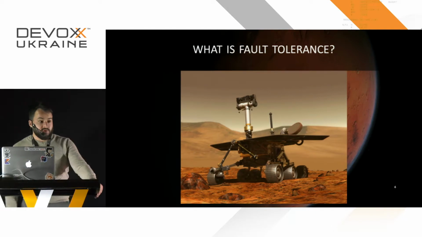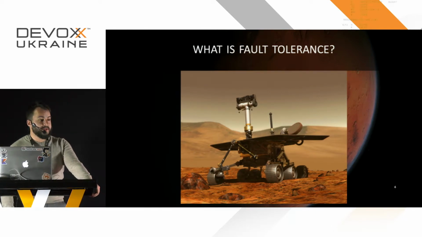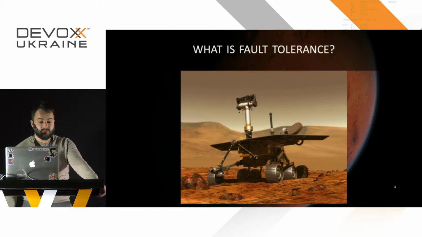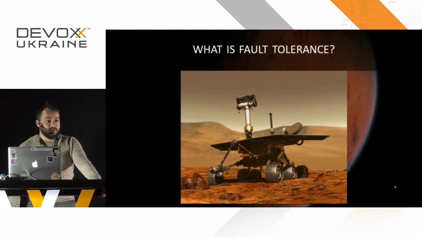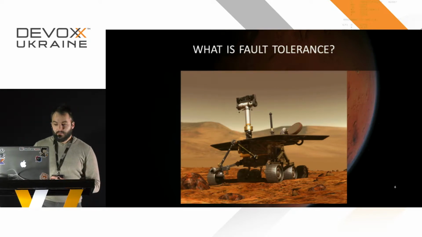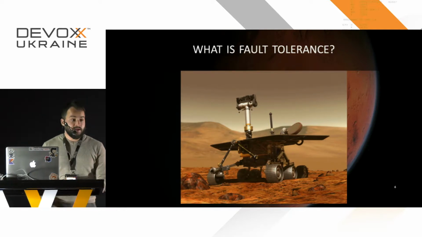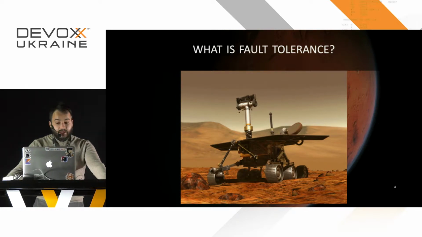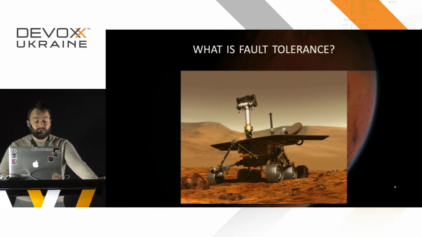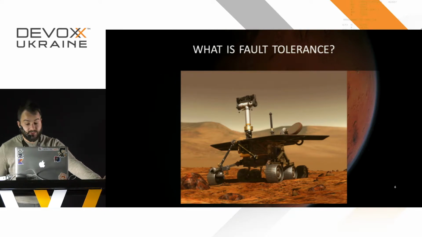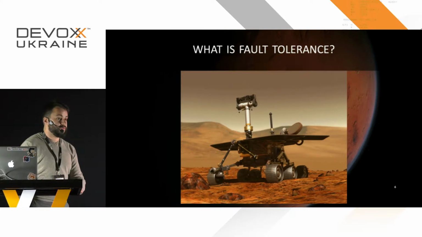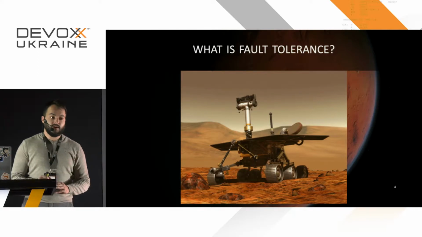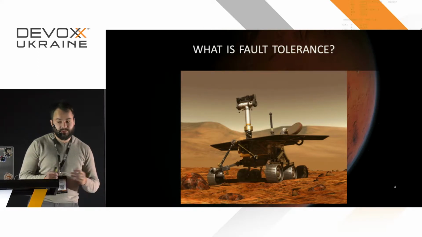Each of these rovers was supposed to serve on the planet Mars for 90 sols. A sol is a day on Mars. Instead, Spirit lasted for 2,210 sols, which is about 5.5 years, and Opportunity lasted for 5,352 sols, which is 15 years. Actually, officially the program was terminated at the beginning of this year.